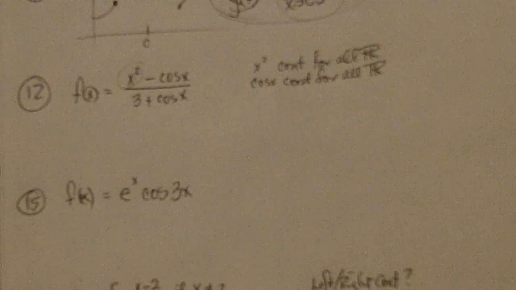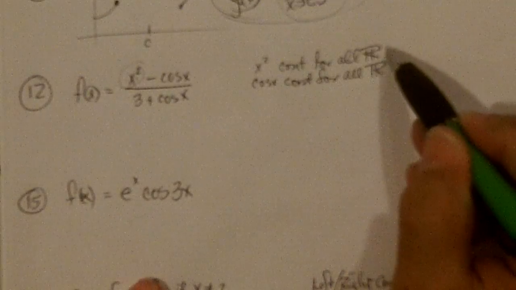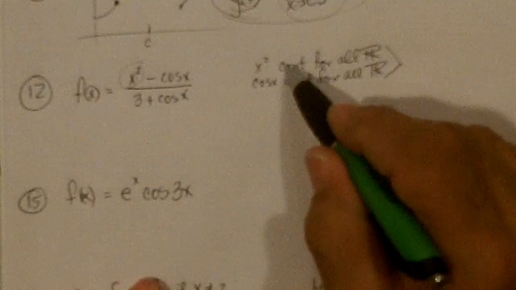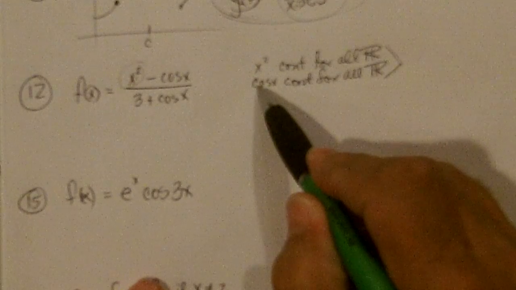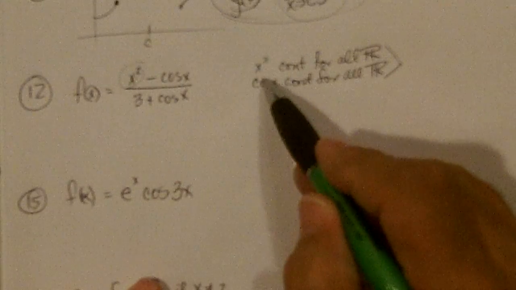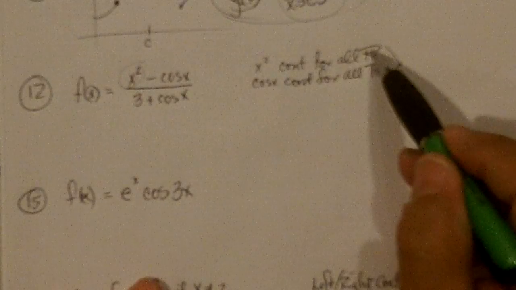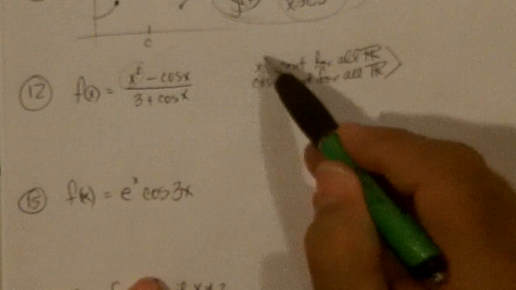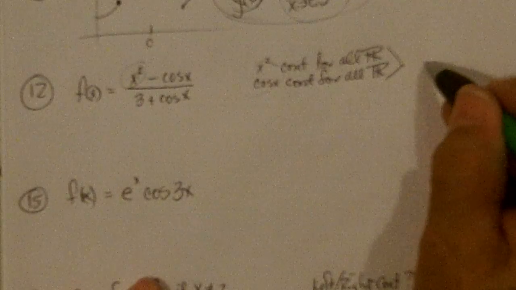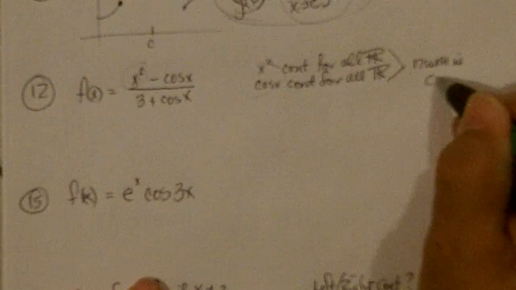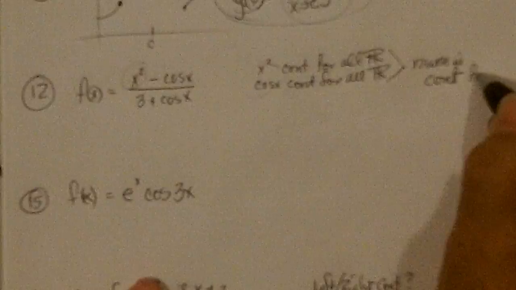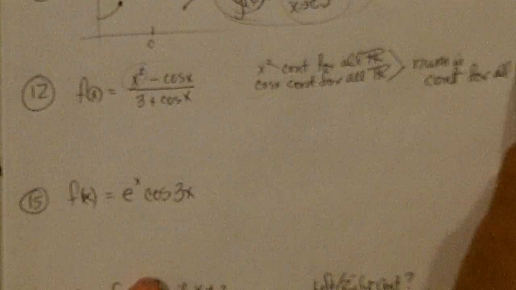Cosine just keeps going on and on both ways. So therefore, our continuity rules say that the difference between two functions that are continuous over the intersection of their domains, well, these are all reals, has to be continuous. So therefore, the numerator is continuous for all reals.